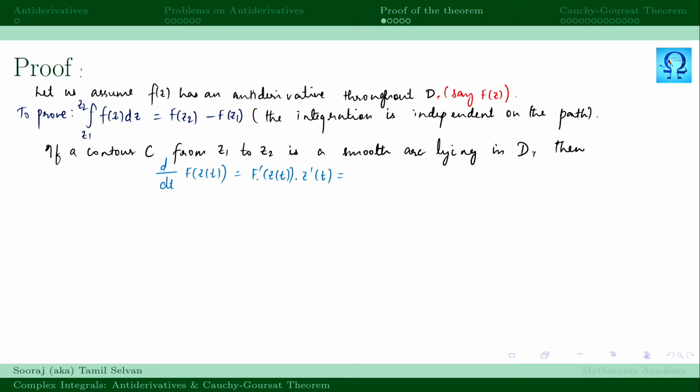Big F is an antiderivative of small f of z, right? So this simply becomes f of z of t times z prime of t, since it is a smooth arc.